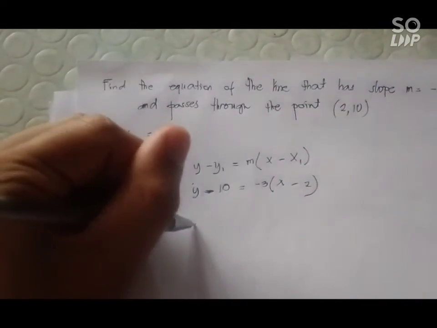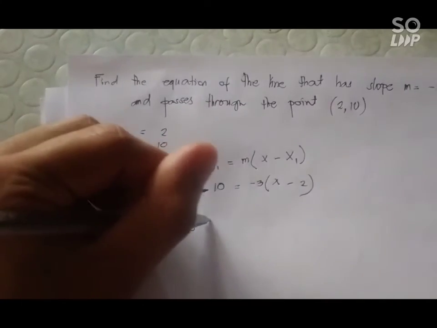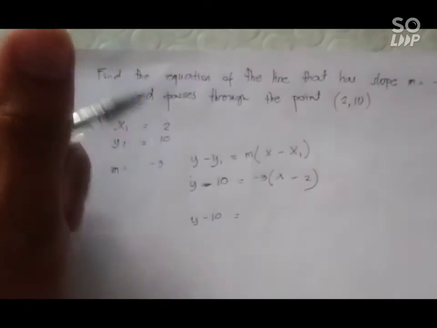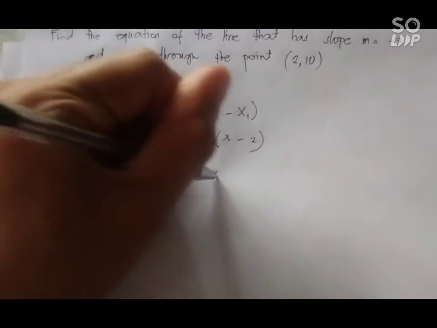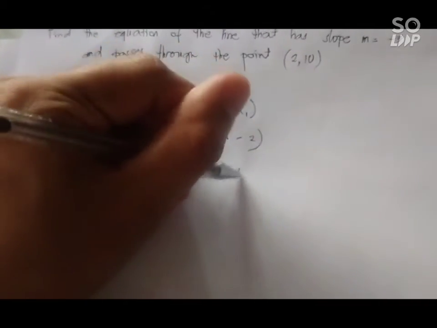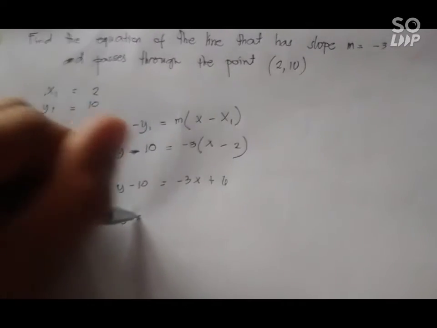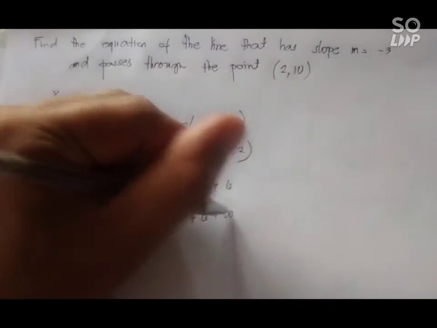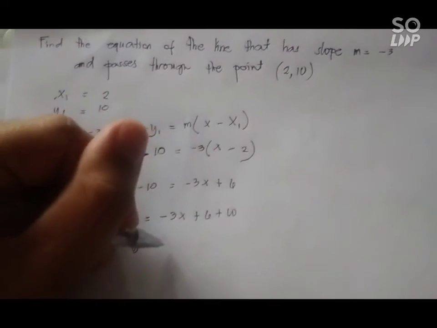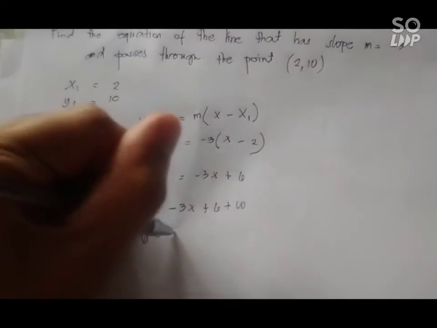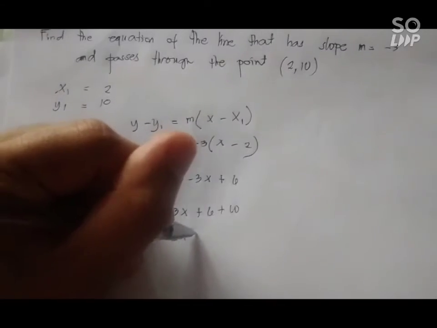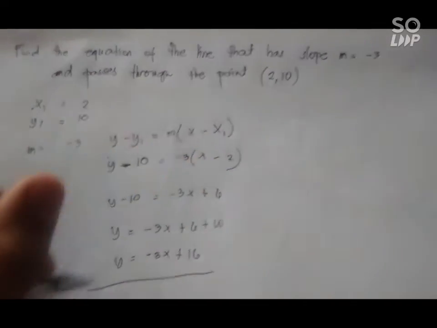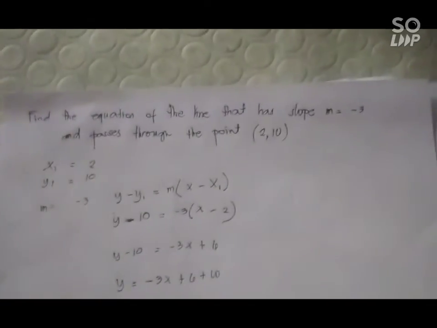So y minus 10 equals negative 3x plus 6, which is y equals negative 3x plus 6 plus 10. So y equals negative 3x plus 16. So muna atong line, equation of the line.